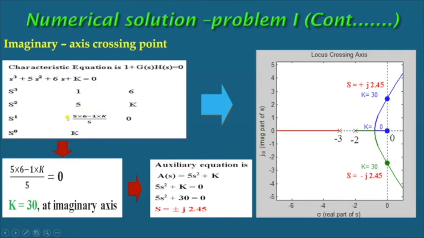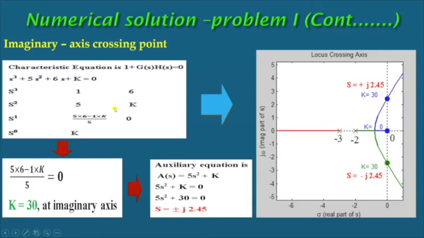We know that when all values of any row are 0, then poles are present at the imaginary axis. If we consider this s1 row equal to 0, then all values of this row are 0. Then find K, so K equal to 30. That means at the imaginary axis, the value of K is 30.